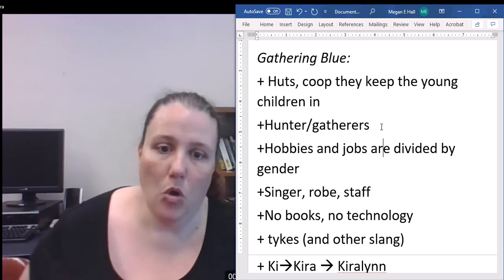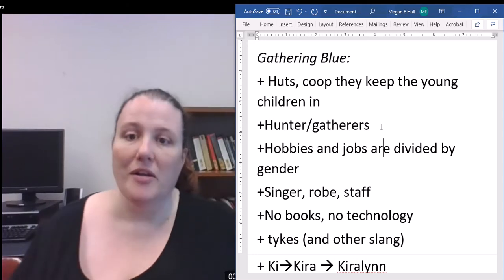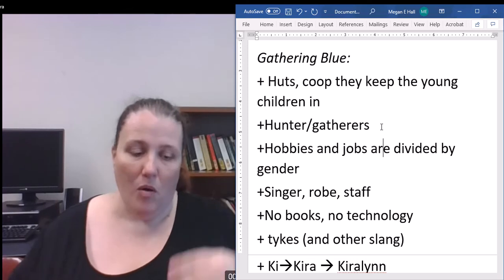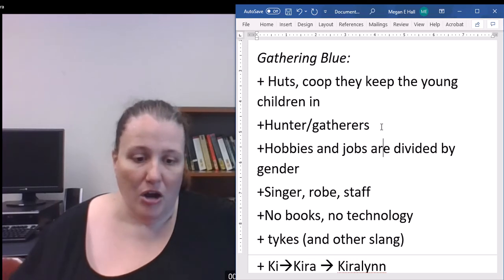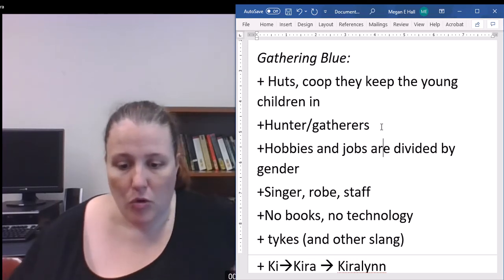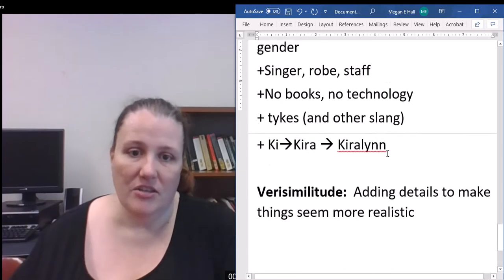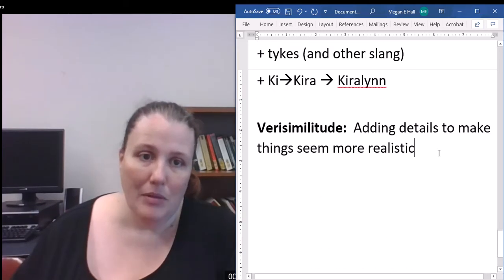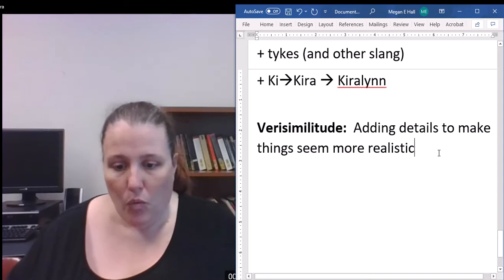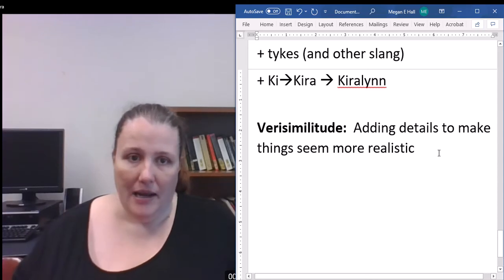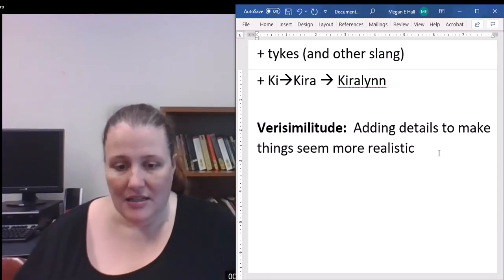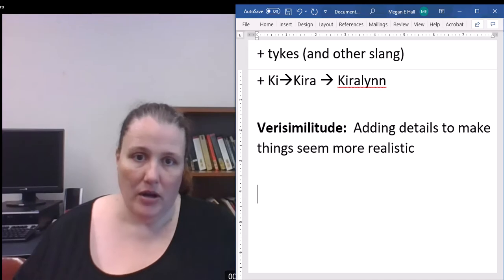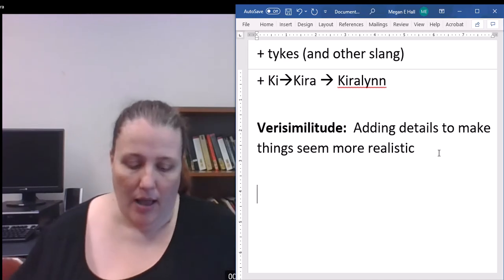The ritual of the name changing from one syllable to two, from going from a tyke to a young person, those kind of things all add to the verisimilitude, to making it seem like it could realistically be happening. So having that detail, making things seem real, all of that can be quite helpful.